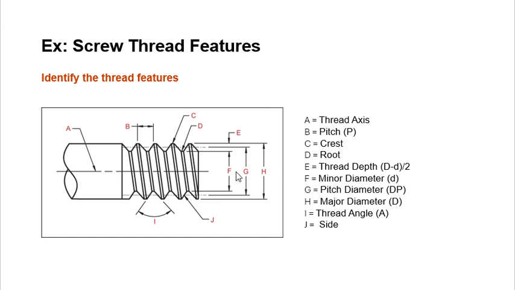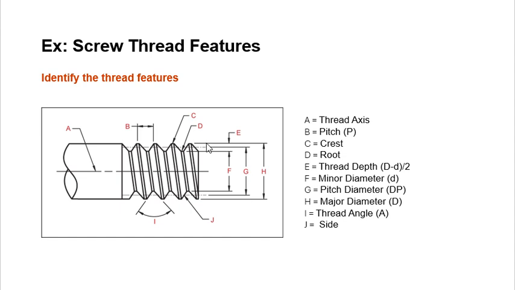Okay, and then this F is going to be the minor diameter right here, because it's going from root to root. Then from here to here, that's your pitch diameter.